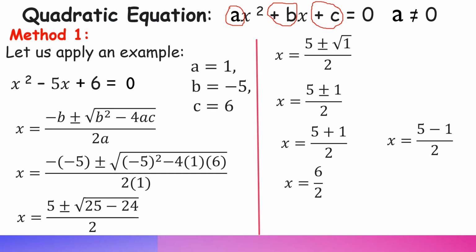So that gives us 6 over 2, which is x is equals to 3, and 4 over 2, which is simplified as x is equals to 2. So we have one solution, x is equals to 3, and the second solution, x is equals to 2.